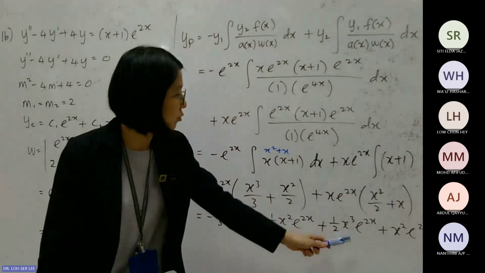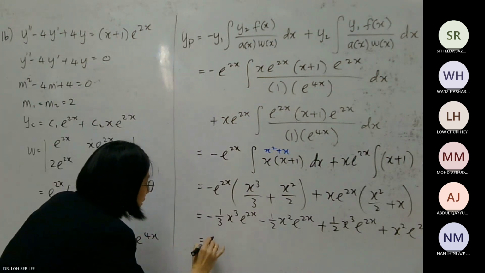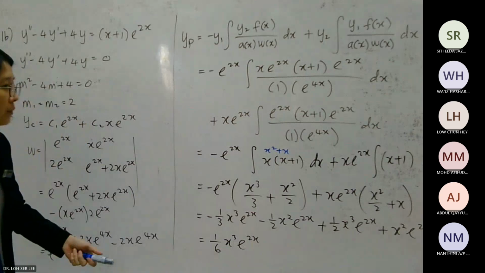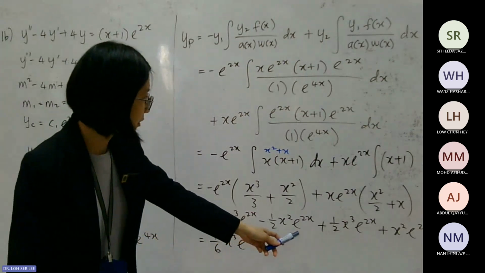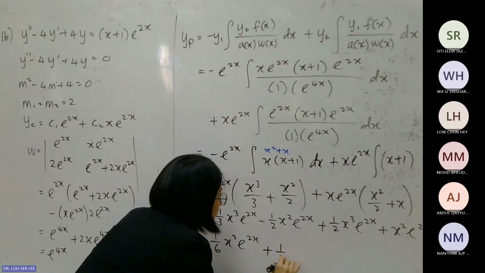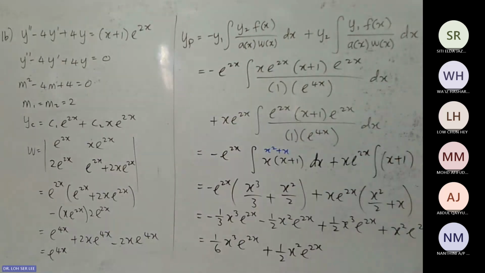Combining 1/2 minus 1/3, you get 1/6. Negative half combined with 1: 1 minus half, half. So this is your YP.